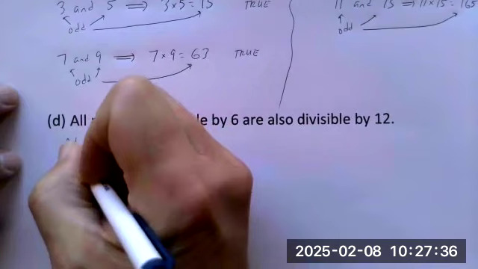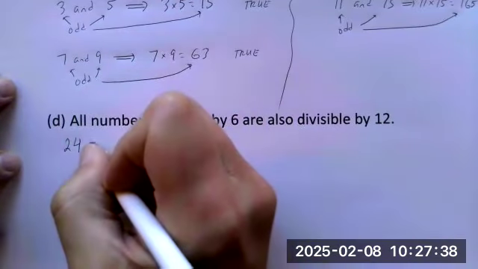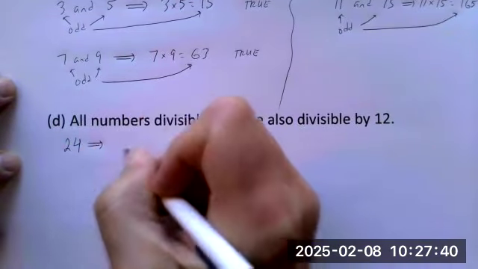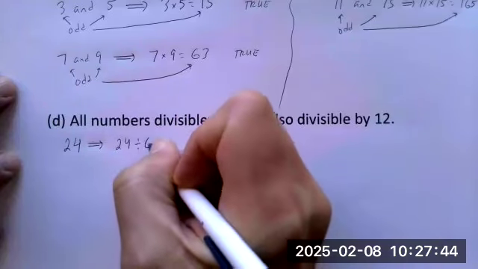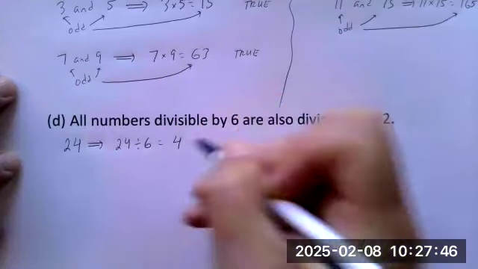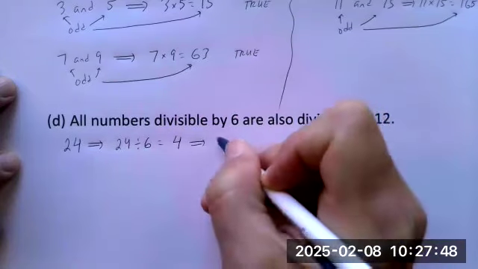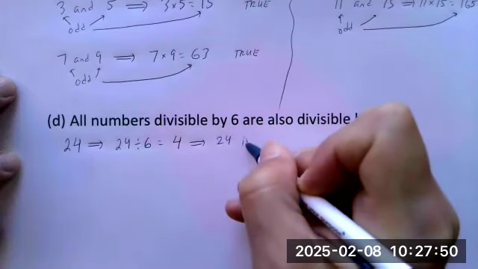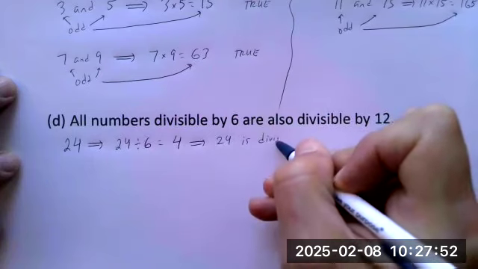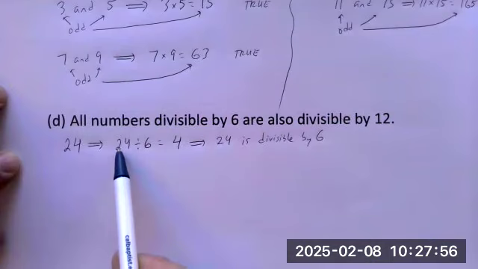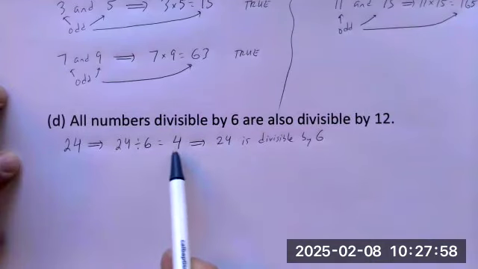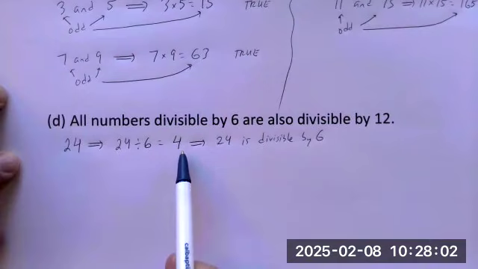Let me check 24. 24 is divisible by 6, that means when I divide it, I get a nice whole number answer. That's what we mean by that, right?